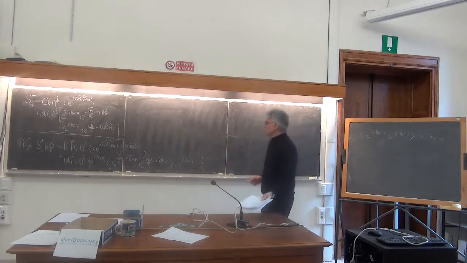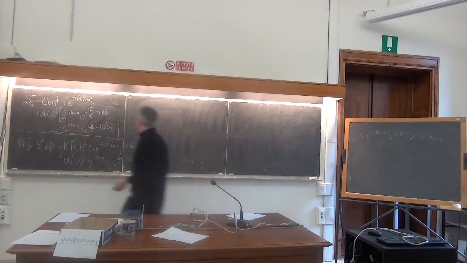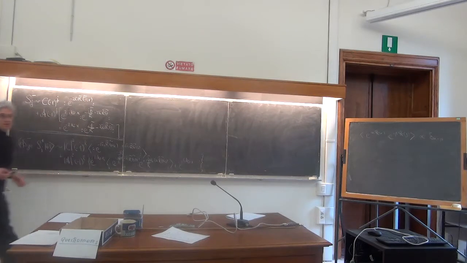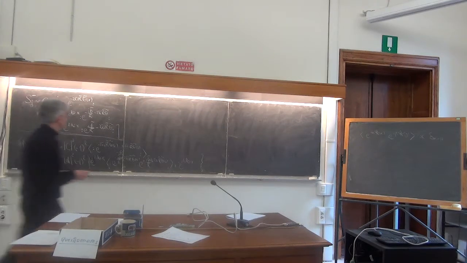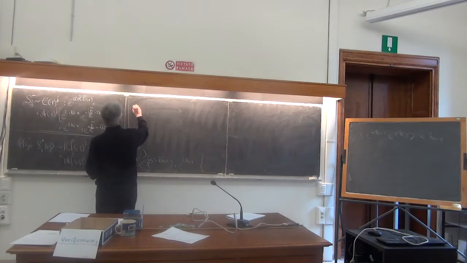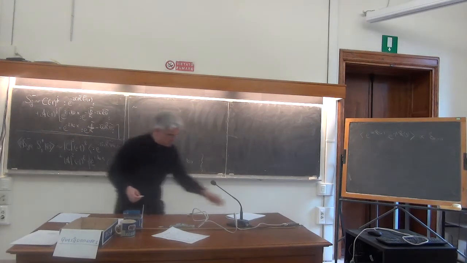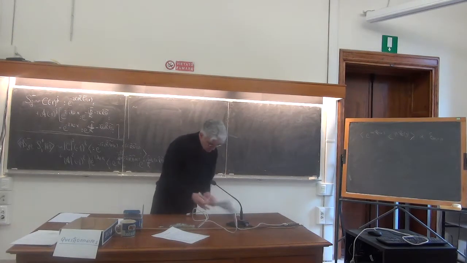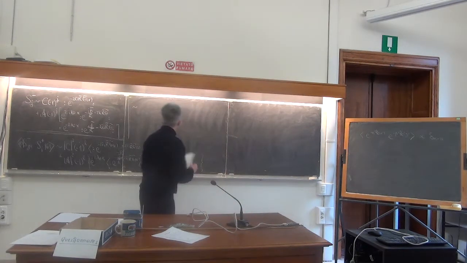Okay? And these 3 terms now you can work out using our general formula of how to multiply normal ordered products of vertex operators and getting a normal ordered vertex operator back. And what comes out, if you do that, is the following.